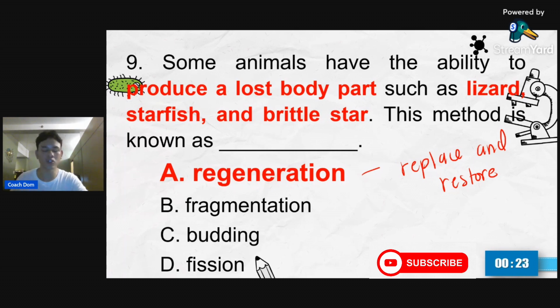It could be a tissue or an organ or even an entire body part of full function ng isang plant or animal. For example, sa lizard, na-observe po natin yung lizard if naputol po yung tail niya and after a few minutes or maybe an hour, may tutubong another tail. That is what we know as regeneration.